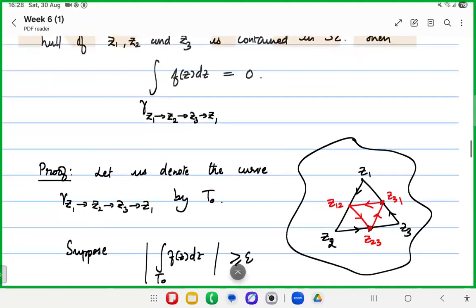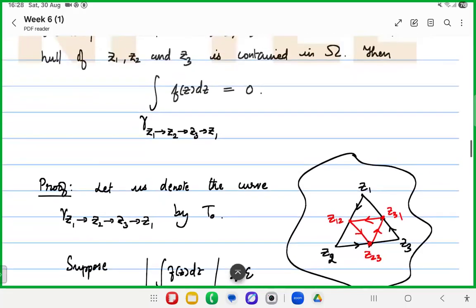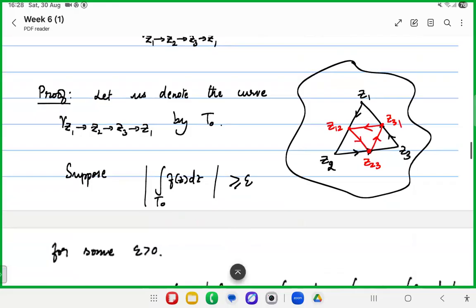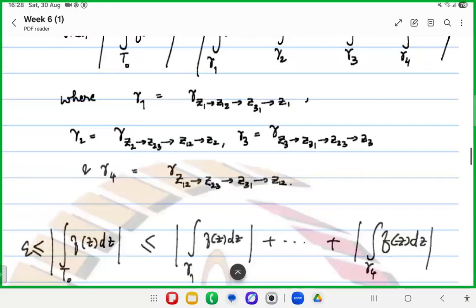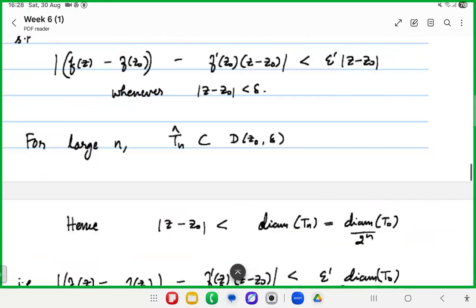So if you prove this, then for any polygonal path the integral will vanish, because over polygonal paths, the integral can be taken as a sum over triangles. We'll see next. We are not going to see the proof of this. I hope you understood the proof.